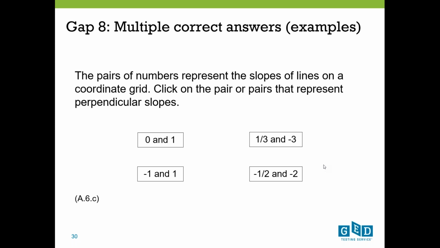Out of the 42 items on the GED math test, there's only going to be 4 that are not multiple choice.